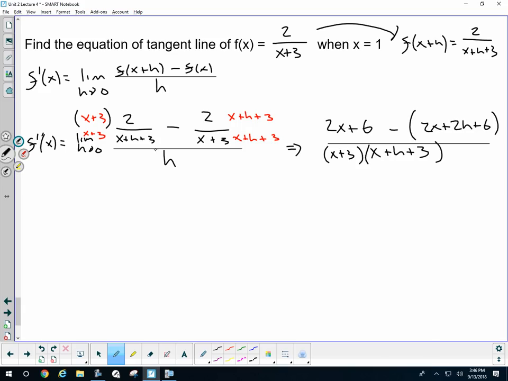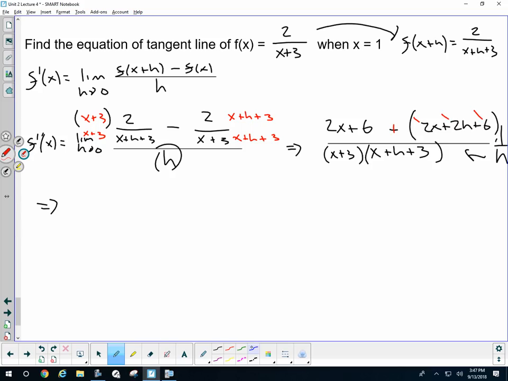And don't forget that dividing by h is like multiplying by 1/h. So you need a 1/h over there, or you could slide this h into that denominator of the first fraction. Okay? Then we can distribute that negative to both the 2x, the 2h, and the 6.